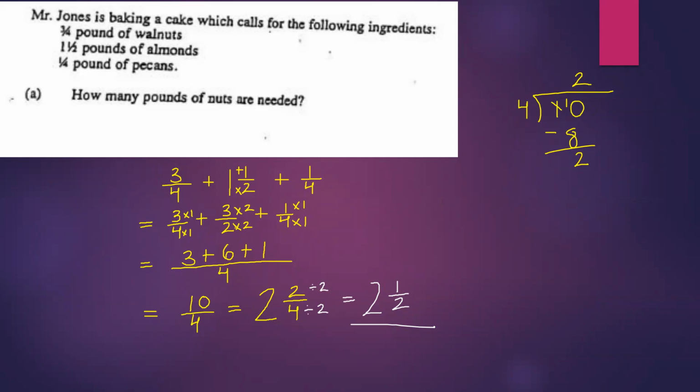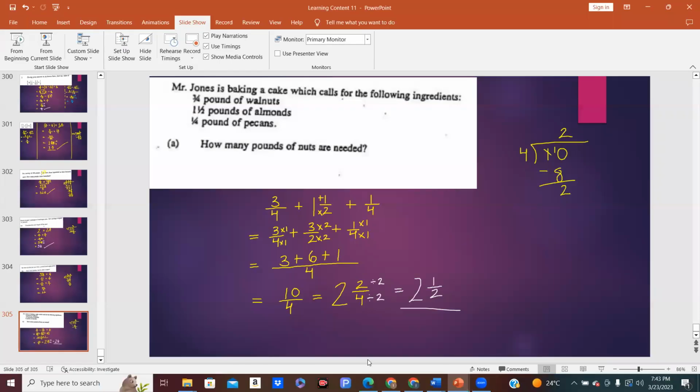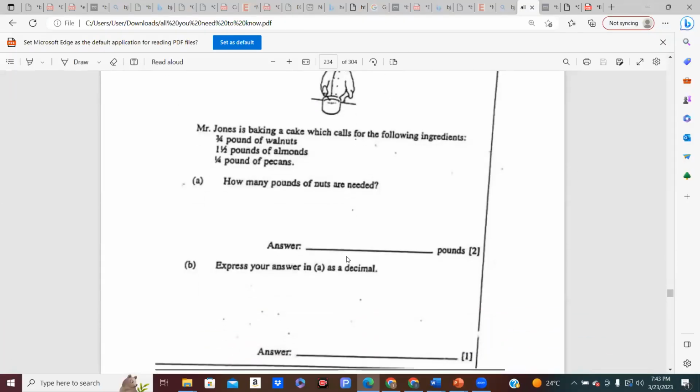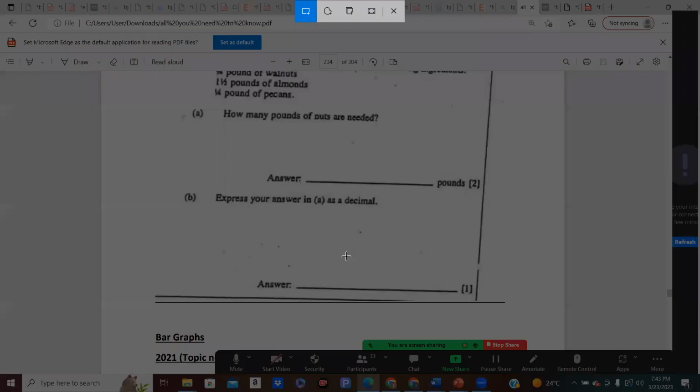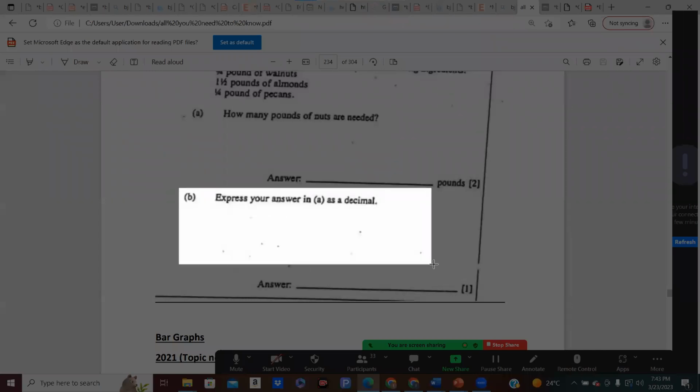All right. Next, moving right along. All right, so the next question says, express your answer in part A as a decimal.